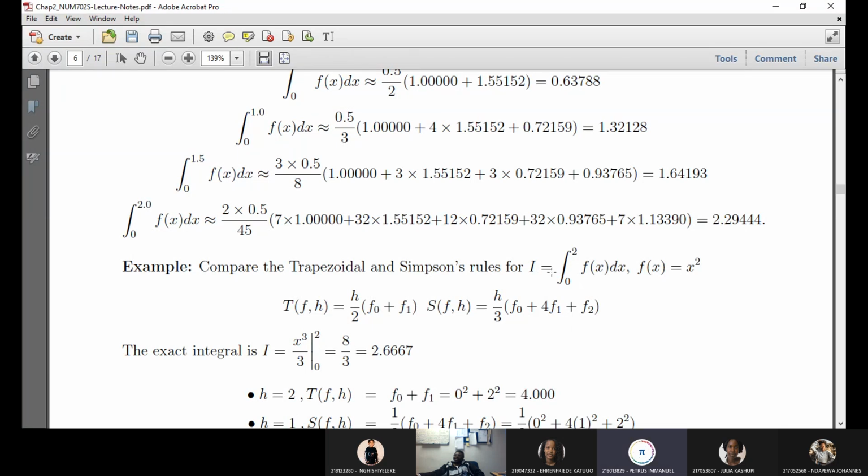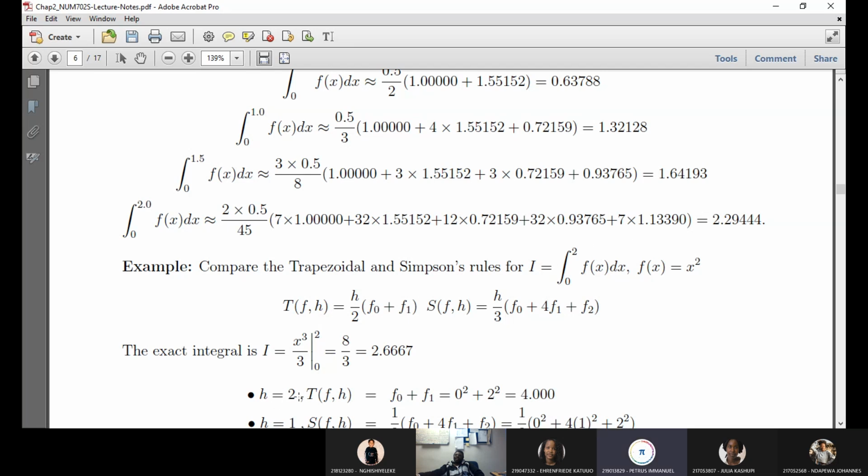In that case, our x0 will be 0 and our x1 will be 2. So that's exactly what we do here for our trapezoidal rule. H by 2. H is already 2 because from 0 to 2, the length of that step is 2.